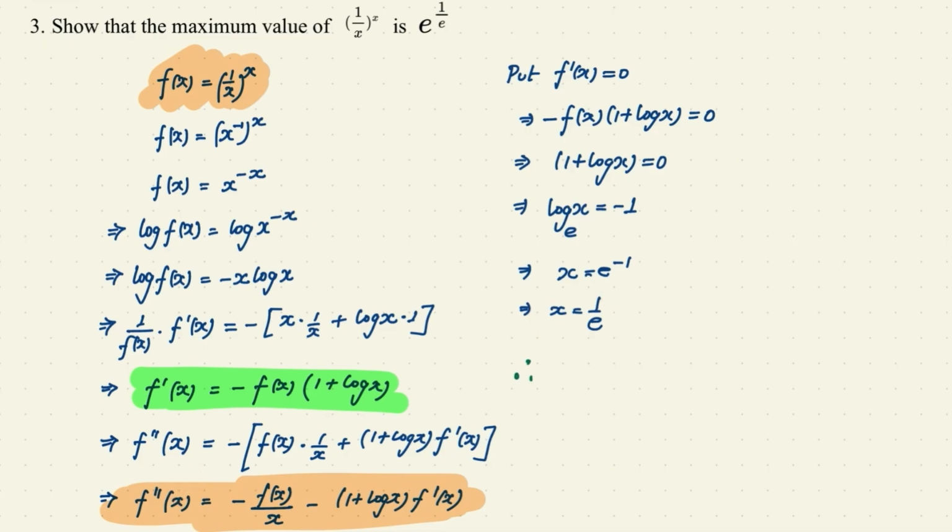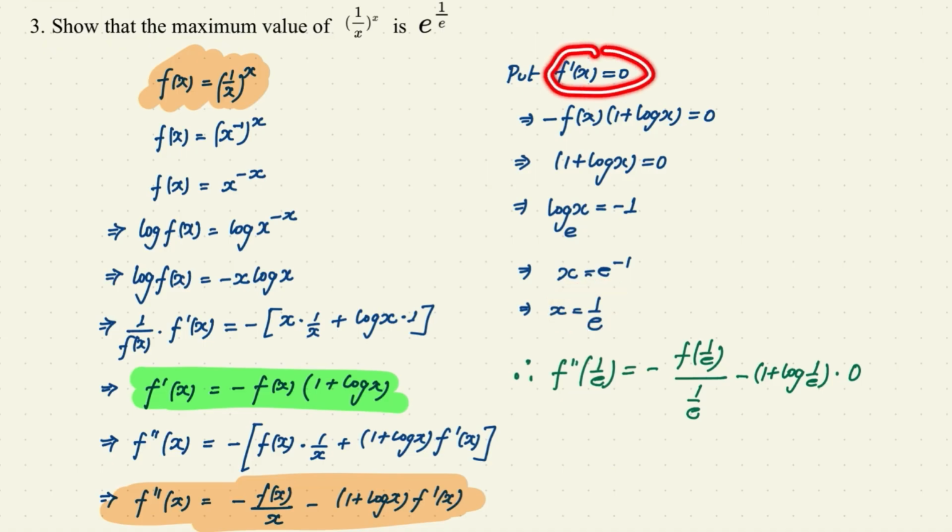Then I'll have f double dash of 1 by e equals minus f of 1 by e divided by 1 by e, minus (1 plus log of 1 by e) into f dash of 1 by e, which will be 0, because we got the value of x equals 1 by e by putting f dash of x equal to 0. So if I put back the value of x equals 1 by e in f dash of x, then this will obviously be 0.